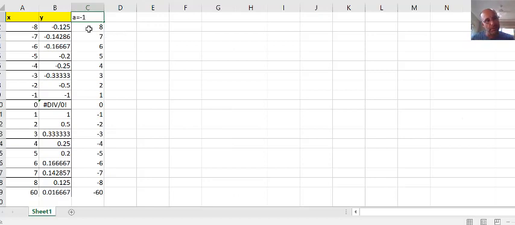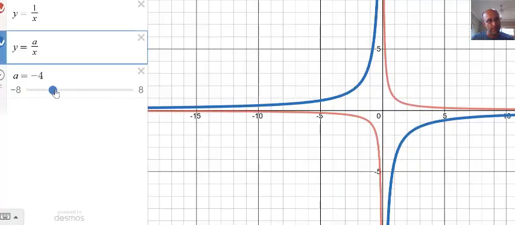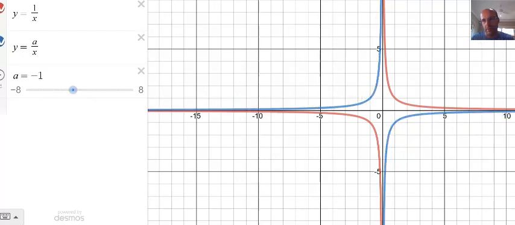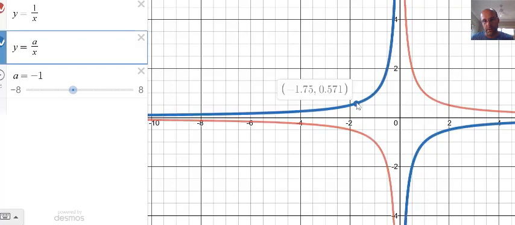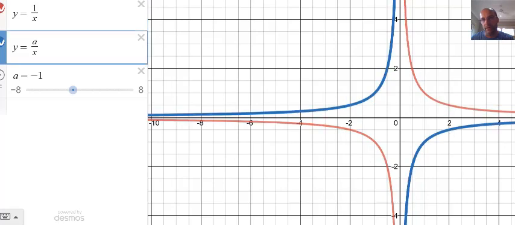Okay, so all the y values would be reflected in the x-axis, and we saw that just there. Going back that way and zooming in a little bit, this branch here gets reflected to that branch there gets reflected to that branch there.